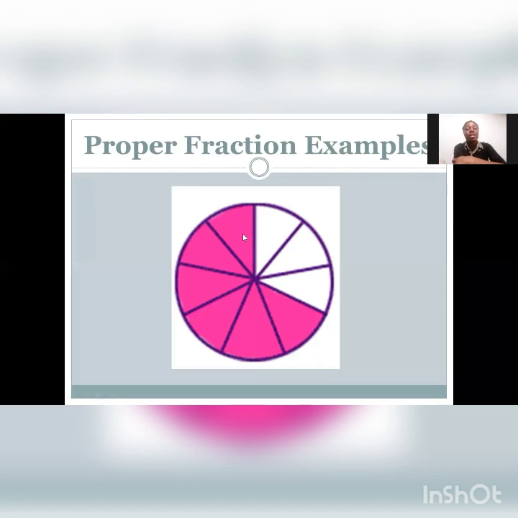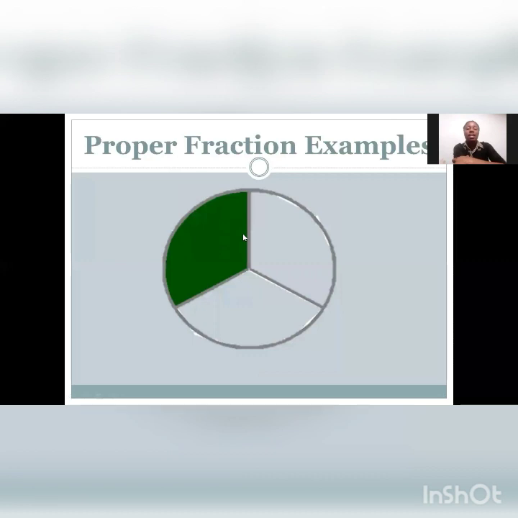There are 9 equal parts. There are 1, 2, 3, 4, 5, 6 shaded parts. So we would write that fraction as 6 over 9. So there are 6 shaded parts and 9 equal parts.